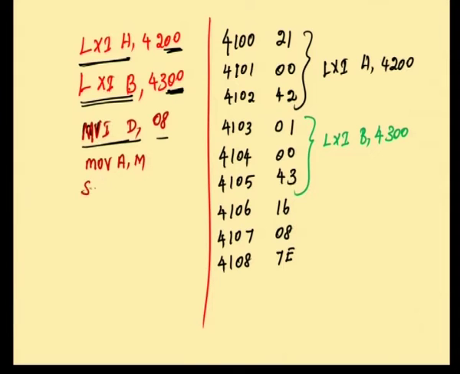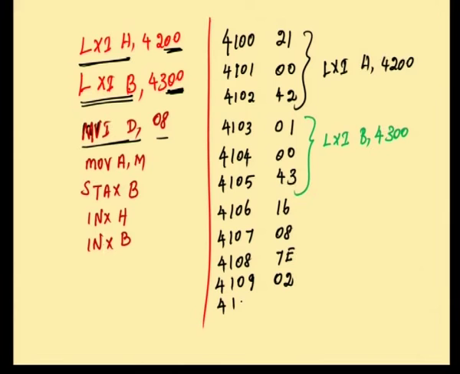Then we have to use STAX B. This is a single byte instruction, at 4109 the value is 02. Next instruction is INX H, INX B, these 2 are single byte instructions.